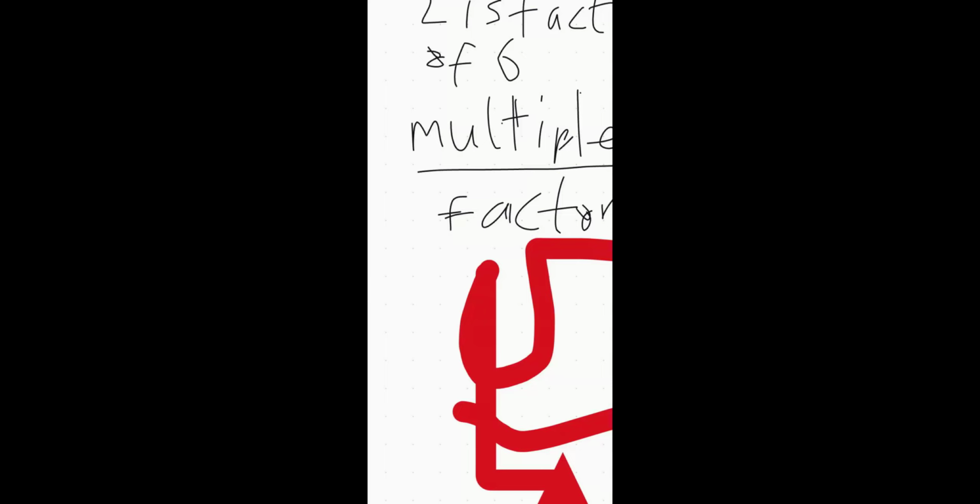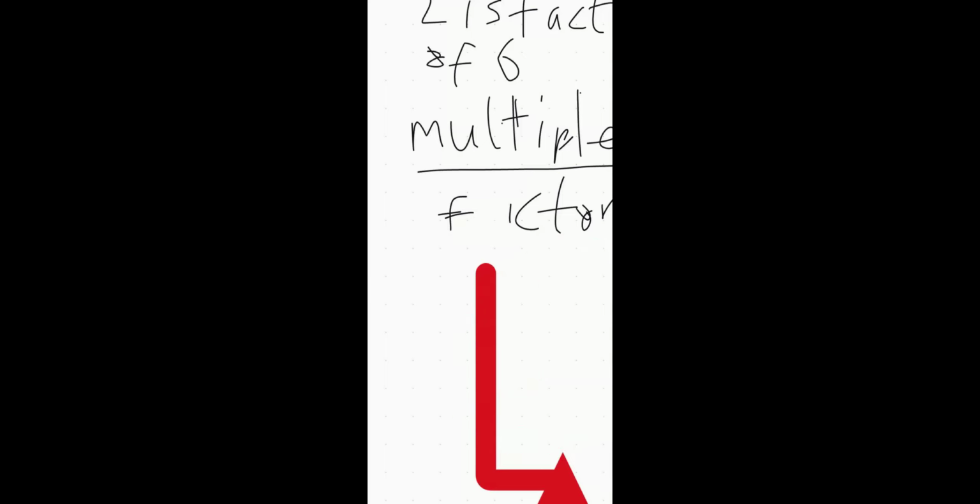Let's consider it. 2 times 1 is what? 2 times 1 is 2. Is there any other way you can get 2? Are there any other factors apart from 2 and 1 that can give you 2?